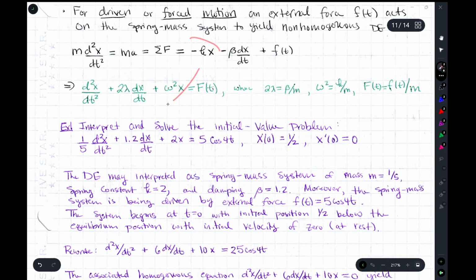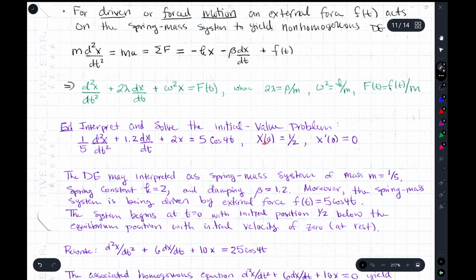And this negative kx, move it to the other side, and you could get a k equal to 2. And we're left with this term here, which is the driving force. So that's the external force that's being applied.